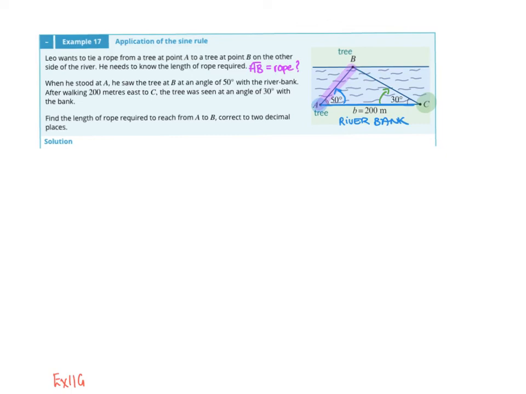Now in the end, you've got to find the rope length. So if we label up our triangle with the sides like I normally do. Now when we get to this point, I like to just redraw my triangle out away from the diagram, so it's a little bit simpler.